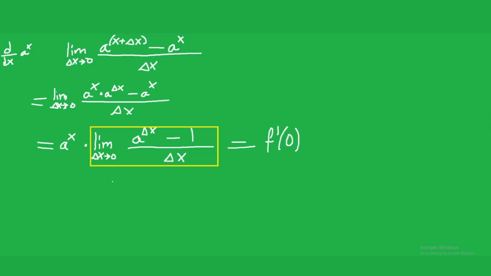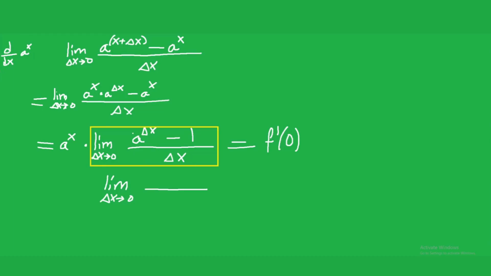The reason being, as delta x approaches 0, what we have is a to the 0 times a to the delta x minus a to the 0, over delta x. A to the 0 is 1, so we have 1 times a to the delta x minus 1, and we see that right above. So whatever the derivative of a to the x is at 0 is effectively what this limit is equal to.